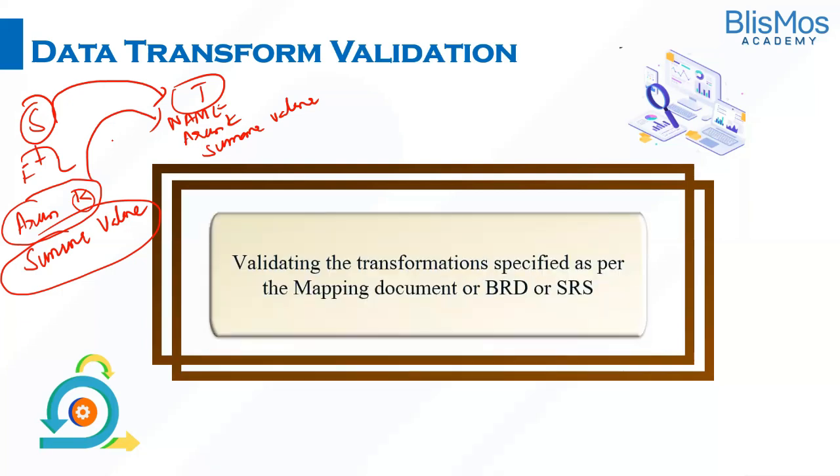So data transformation validation is nothing but validating the transformation specified as per the mapping document or business requirement document or software requirement specification document, or these days user stories as well. So we have to test whether the specified transformation has correctly happened or not. That is what data transformation validation is.